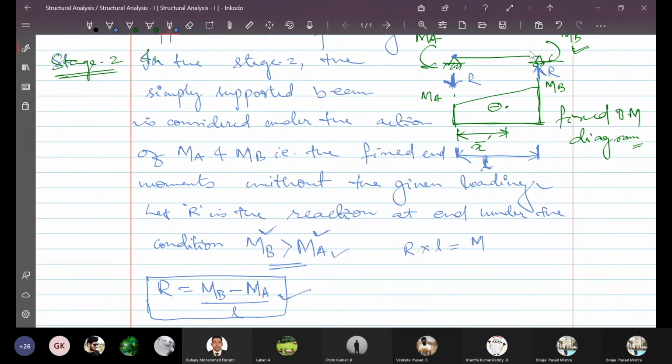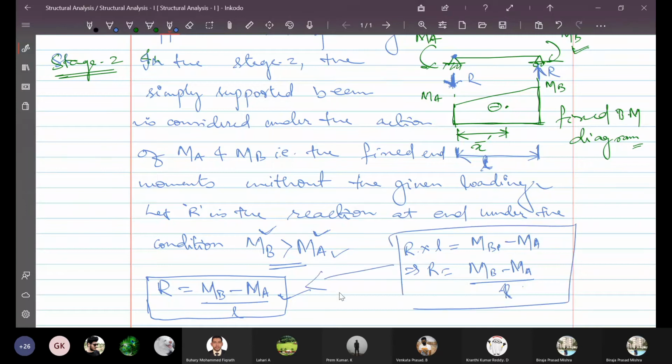So R into this L will be a clockwise one, equals MB minus MA. This implies R equals MB minus MA by L. So from this we got the same value.